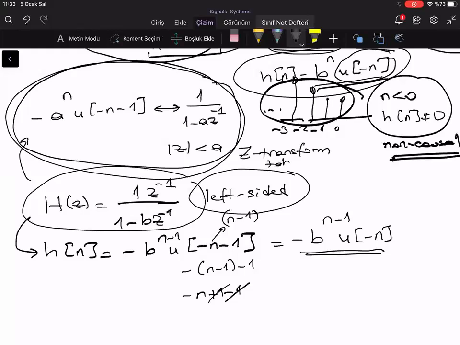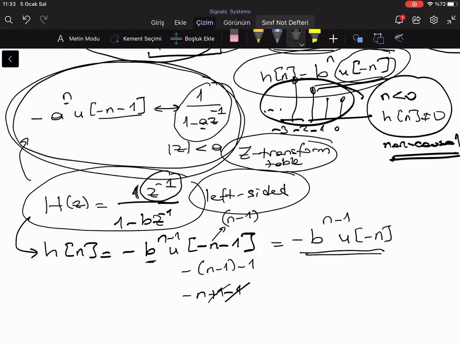And then you should be able to go from this table information and then think about what's going on. First, I didn't take this into account, z to the power minus 1. I said 1 over 1 minus b z to the power minus 1. So this is something close to that one. So I wrote, instead of a, I wrote b. And instead of n, I wrote minus b to the power n u minus n minus 1.